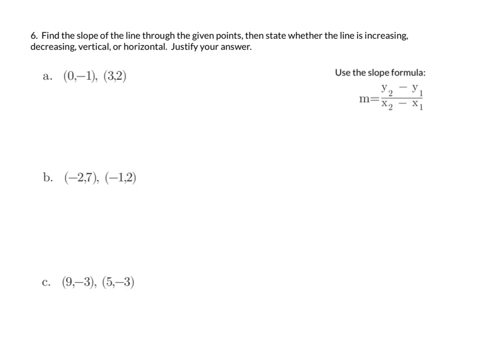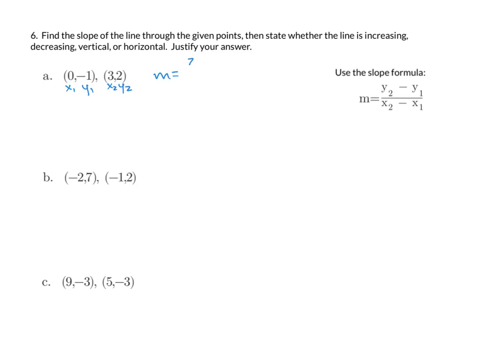We subtract our y coordinates over subtract our x coordinates. So for example A, if we go ahead and calculate our slope, we get m equals, I'm going to go ahead and label my points, x1, y1 and x2, y2.